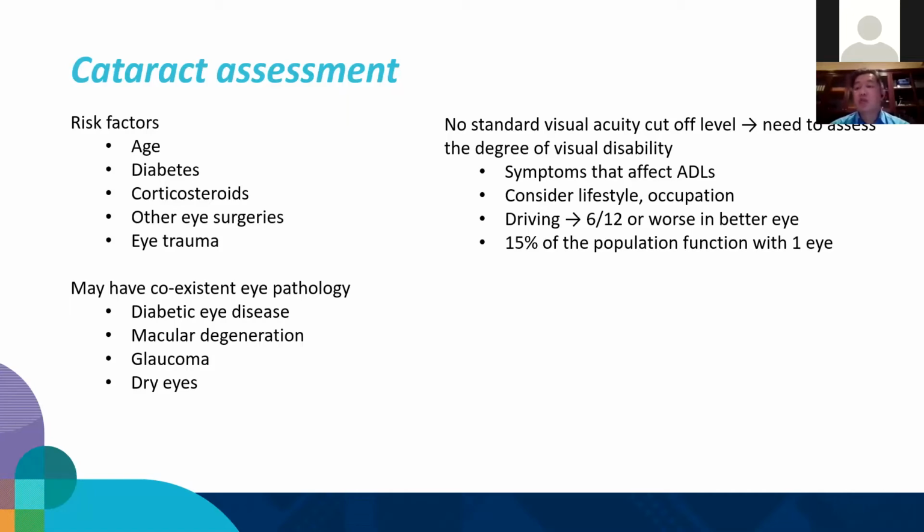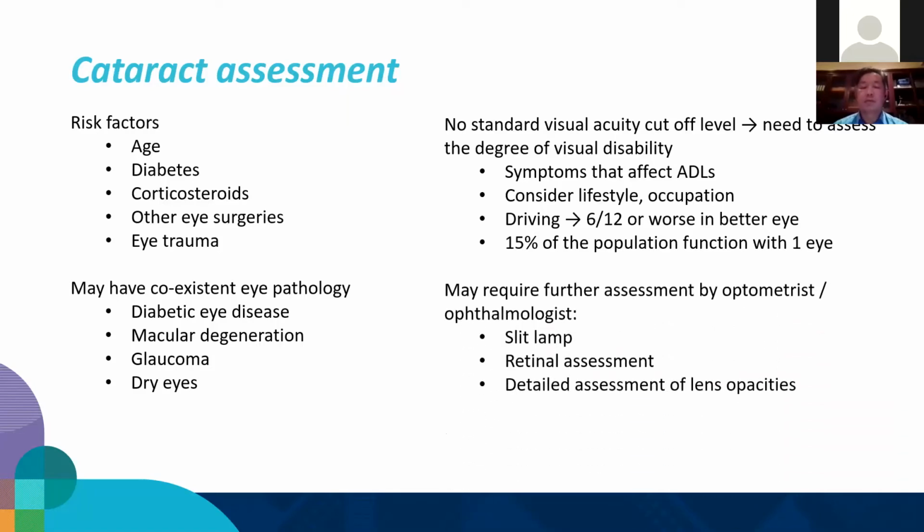They may not be able to drive a commercial vehicle or fly a commercial airplane, but they can still drive a car and do other things. So in these sort of situations, you need to consider whether you need further assessment by the local optometrist or ophthalmologist, who can look more carefully with a slit lamp, also assess the retina and determine what type of cataract they may have.